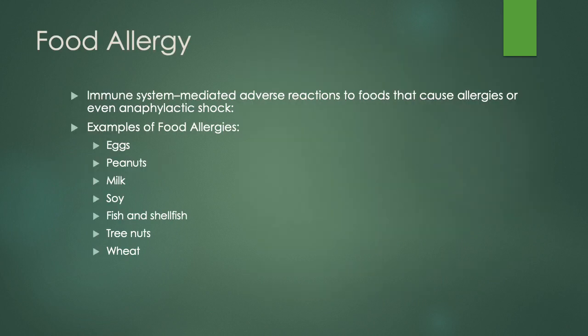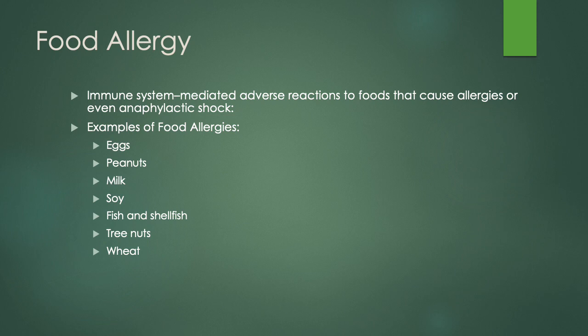Next, we'll talk about food allergies, and this is something we've discussed before with the immune system response, but overall it is a response to things that are not normally considered dangerous or harmful. An individual has an adverse reaction that can cause allergies such as itching, contact dermatitis, swelling, or even anaphylactic shock, which is life-threatening.